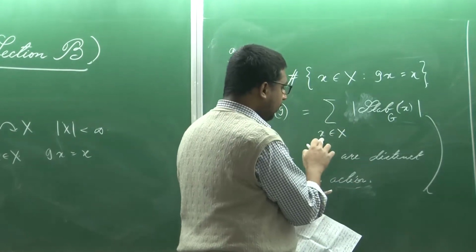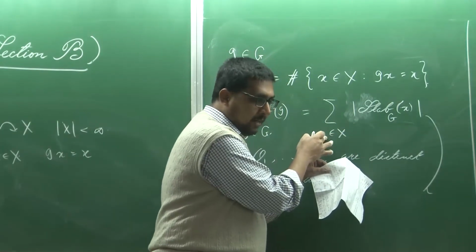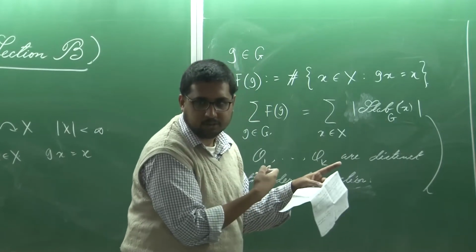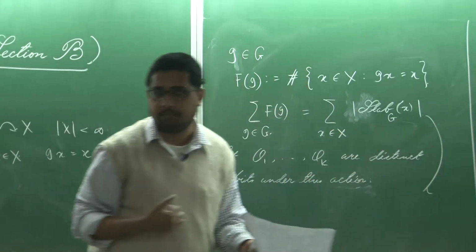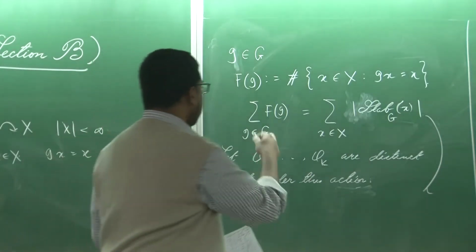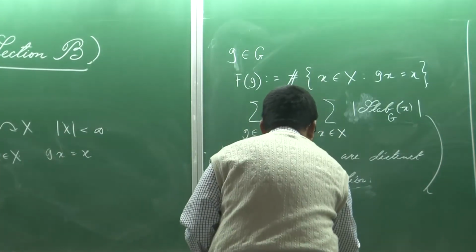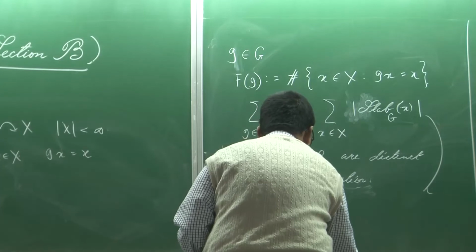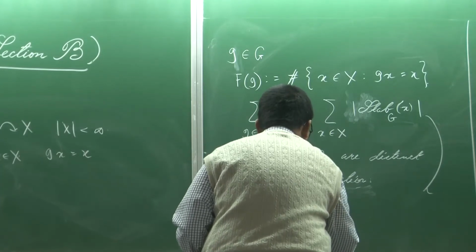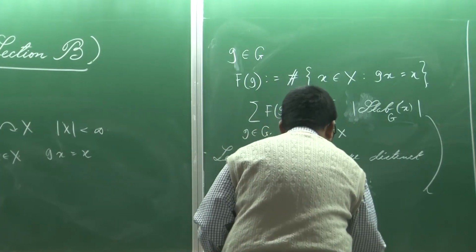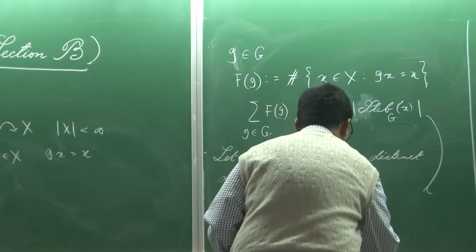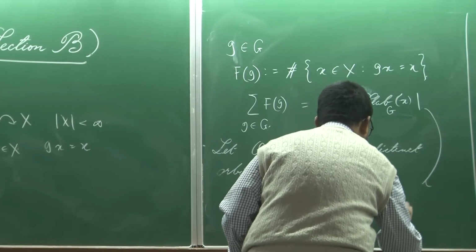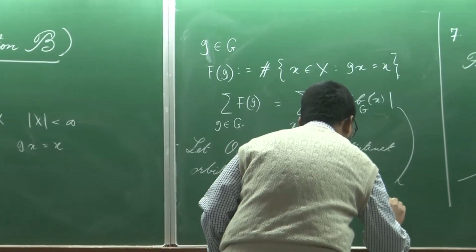Why are we dividing that? Because if two x's are in the same orbit, then their stabilizers will be conjugate, therefore the order of their stabilizers will be the same. So thus we can write the above one as follows: sum over i from 1 up to k, then x belongs to y, stabilizer of G in X, okay.